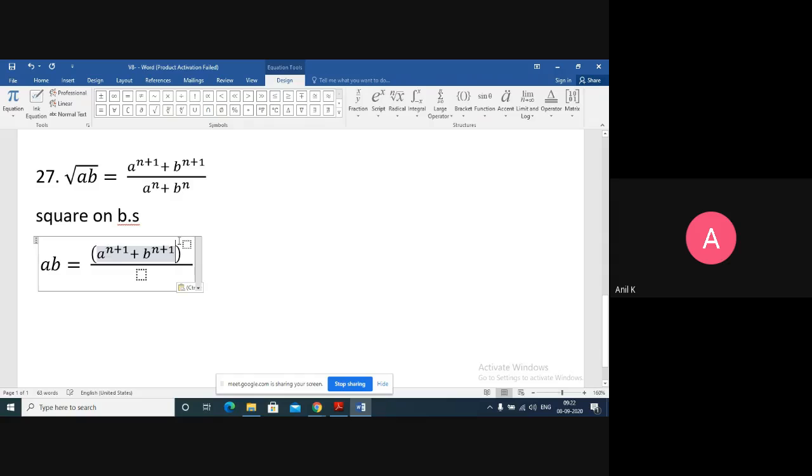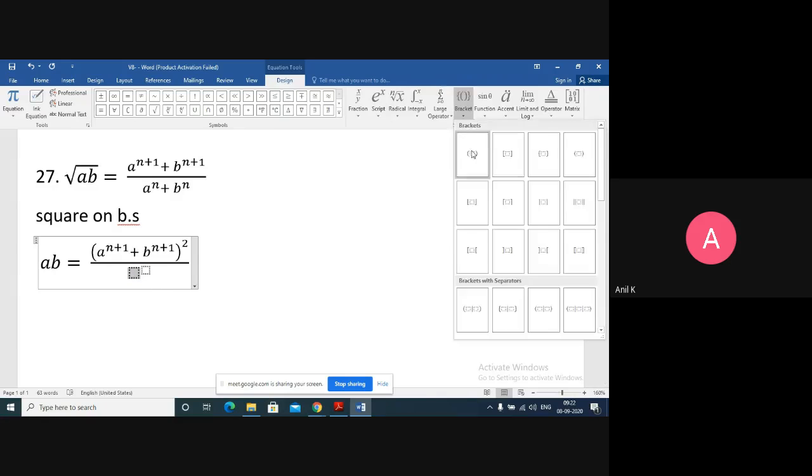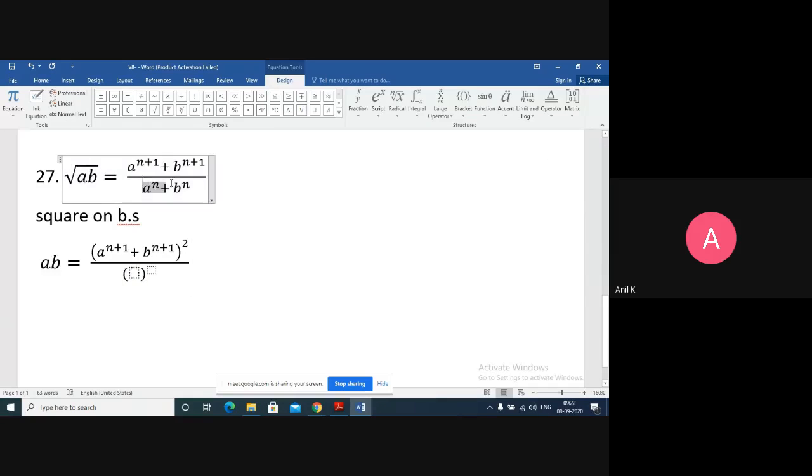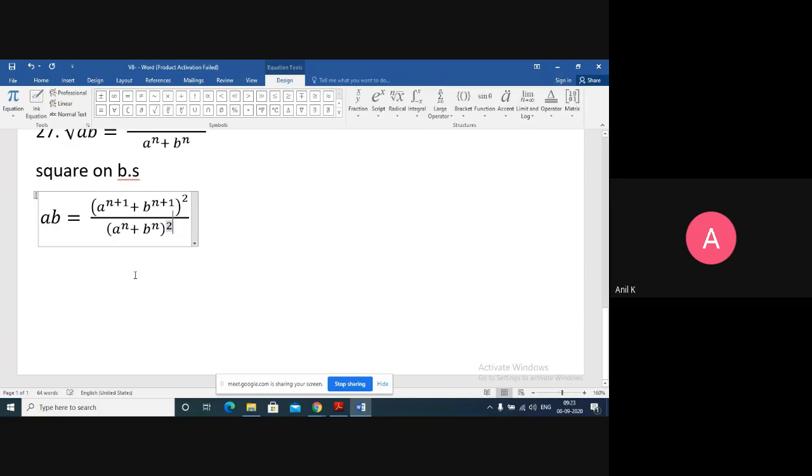I do square here, it will come as whole square. Here also it will come as square. This term will become a to the power of n plus b to the power of n, whole square. I do square on both the sides. This is what I am going to get. Then next step, expand with the a plus b whole square formula. I know this will be a little bit lengthy. So first term will come as a square plus b square plus 2ab. That was the identity, right?